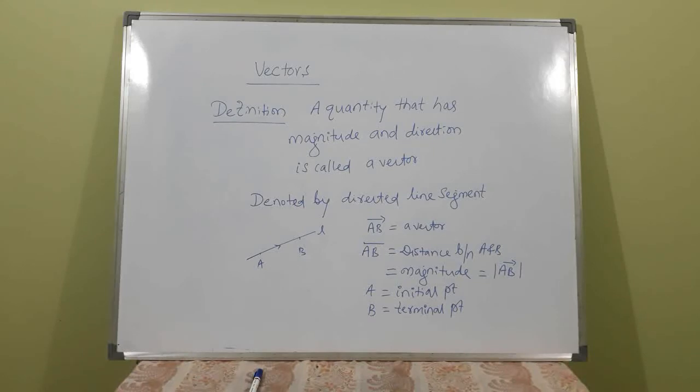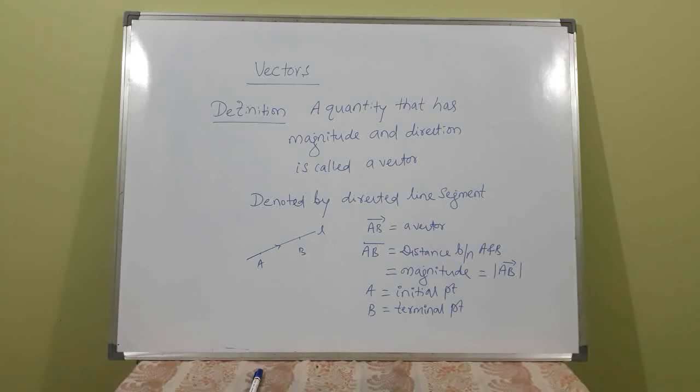Scalars means a physical quantity having only magnitude, no direction, such as length, mass, time, distance, speed, area, volume, temperature, work, money, voltage, density, resistance, etc. What is your height? What is your weight? These are all scalars.